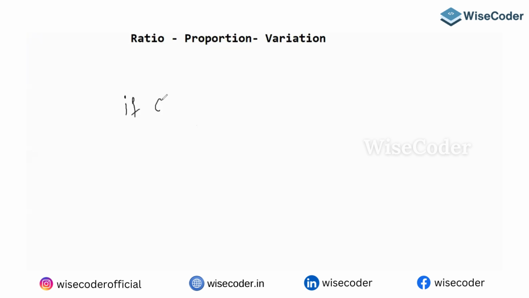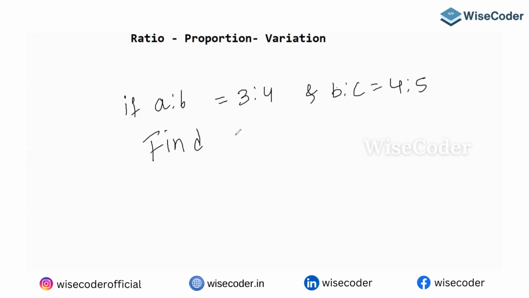If A is to B is equal to 3 is to 4 and B is to C is equal to 4 is to 5, find A is to B is to C. Look here, my B is the same, so I don't have any issue to solve.